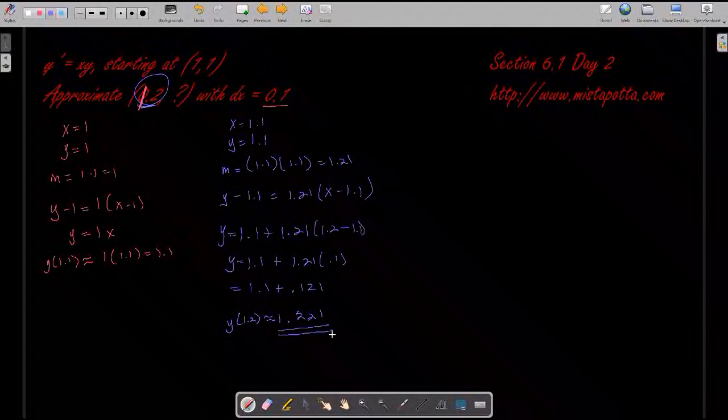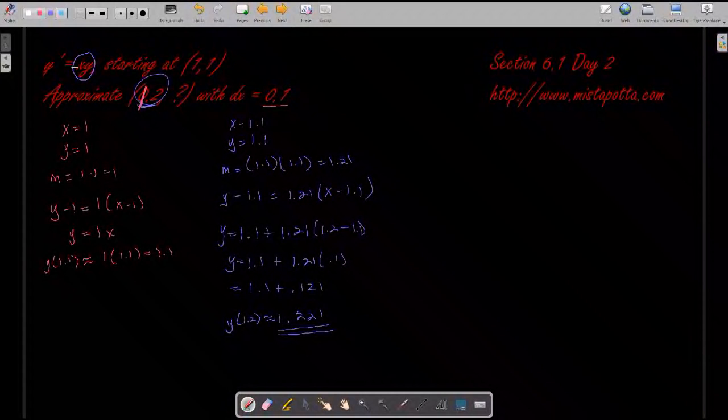It's going to give me a general trend of my solution. We will have the ability to solve a differential equation like this in this course. And we'll be talking about that later on in this chapter.